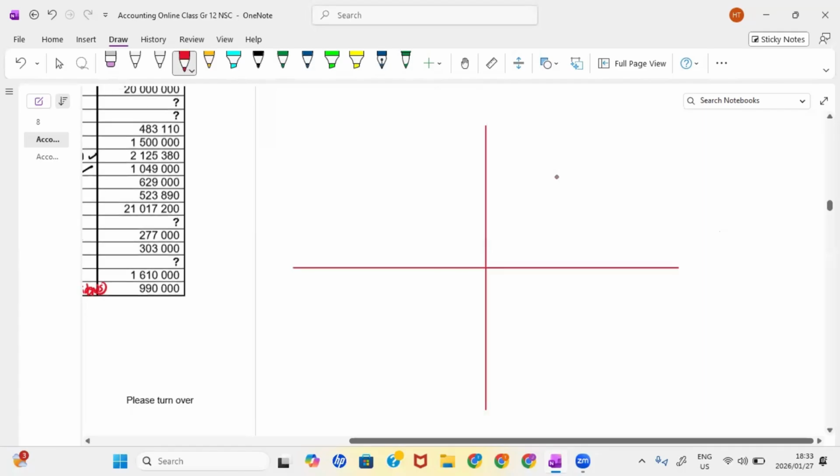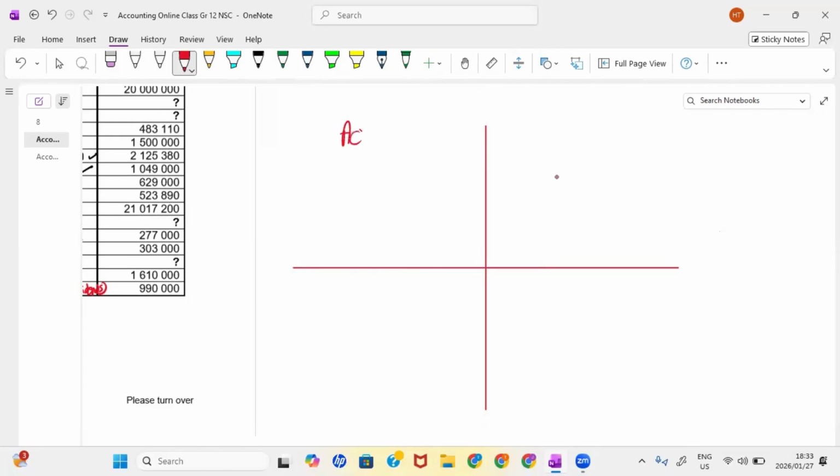So we have accrued expense, and we have accrued income. We add these in the statement of comprehensive income.